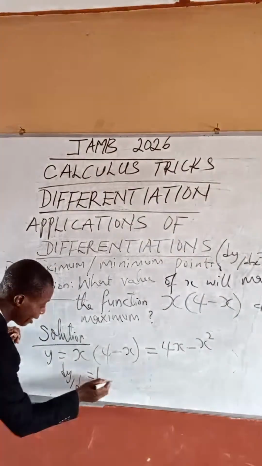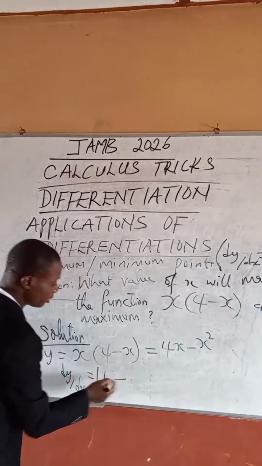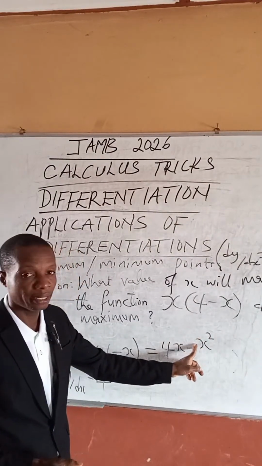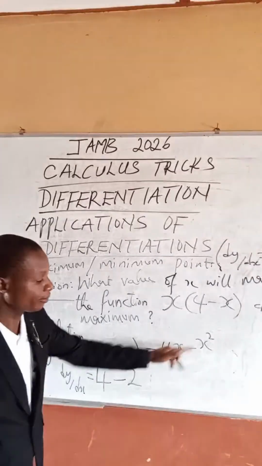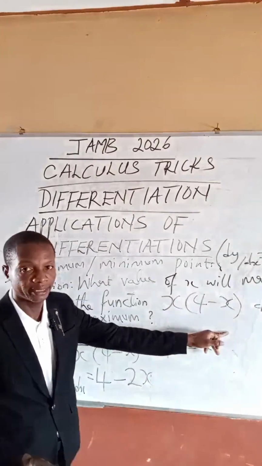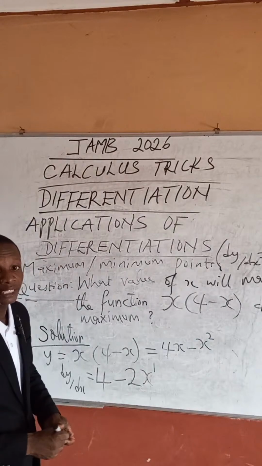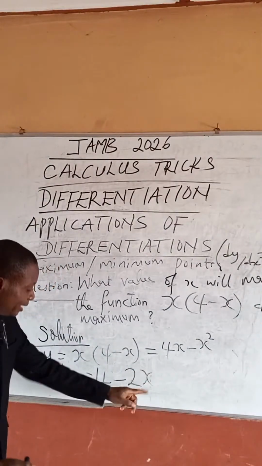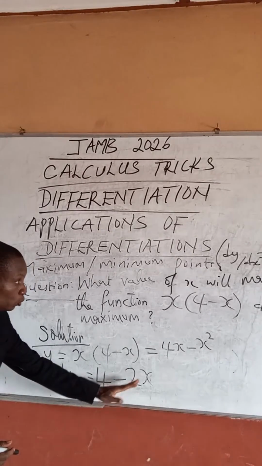Then minus, differentiate x squared: the 2 will come down, so we have 2x, with 2 minus 1 as the power. That is like writing x raised to 1, but there's no point writing it. So dy/dx is 4 minus 2x.